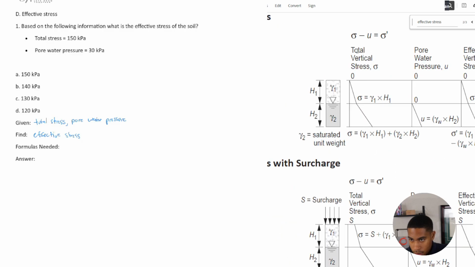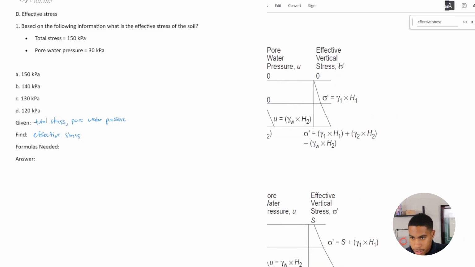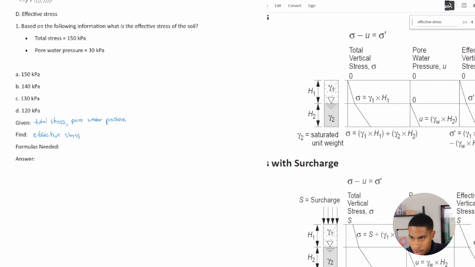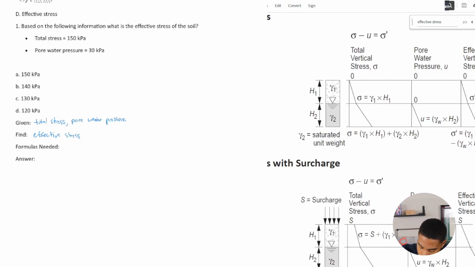Oh. So total vertical stress, effective vertical stress. So total stress is going to be your regular, I think it's sigma, or I don't know that symbol. I'm going to call it sigma. But that symbol is your total stress. Now your effective stress is going to be that symbol prime. Okay, so I'll just write that out for us.